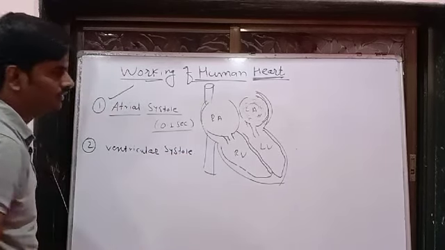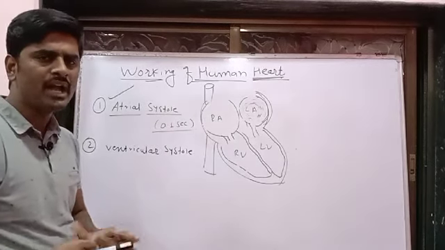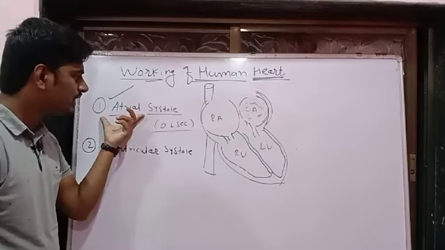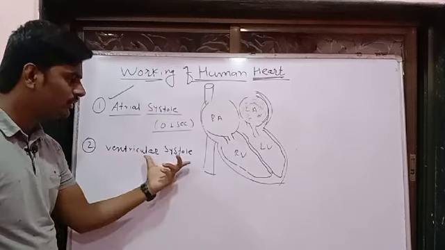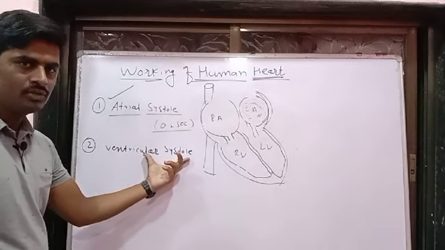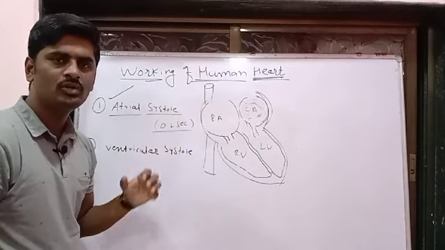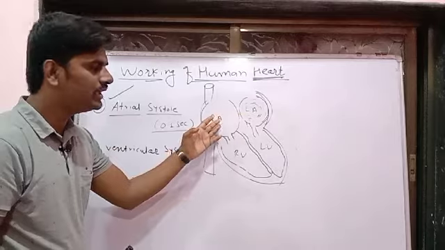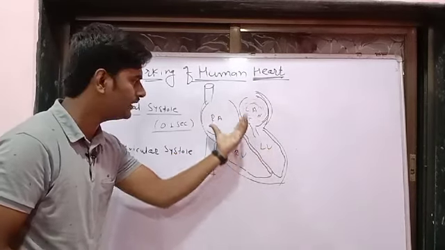Next one is ventricular systole. Many times the question is asked in examination: why does atrial systole take a short time while ventricular systole takes a long time? The answer is that when the atria undergo contraction, they just have to transfer the blood over a short distance.